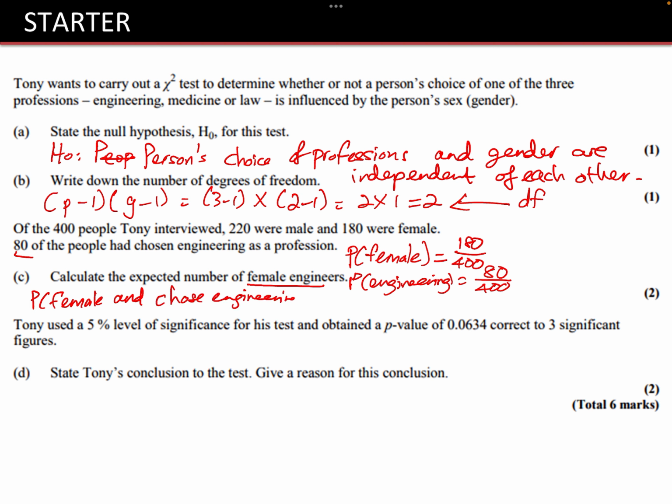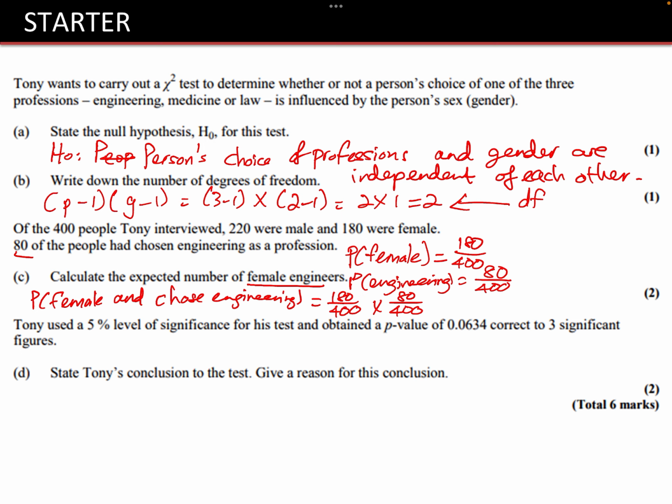We're going to take 180 over 400 times 80 over 400 here, and we're going to multiply this. Now this is the probability that a person who has been chosen would be a female and would also take engineering at the same time.